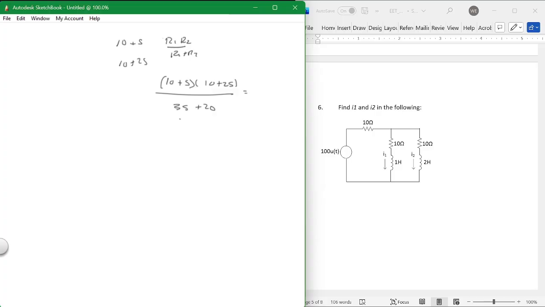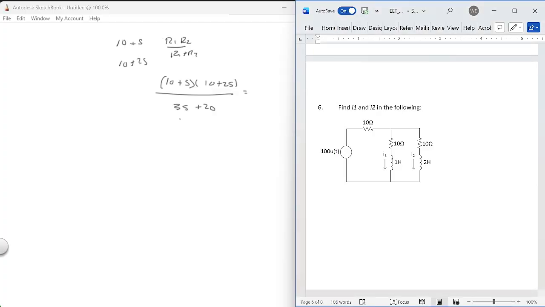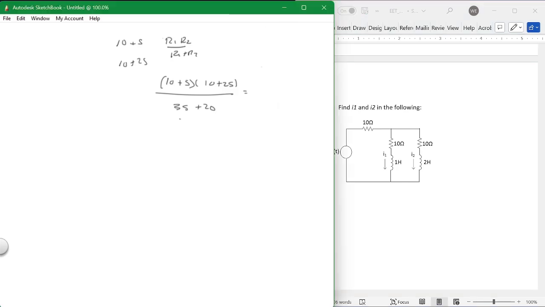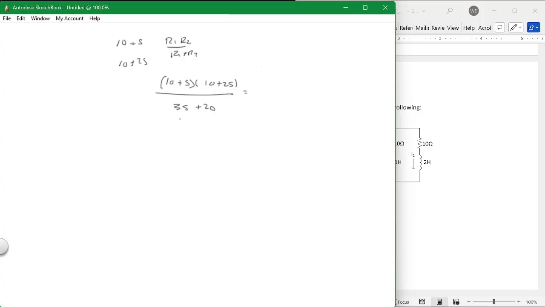So it's 2S squared plus 10S plus 20S plus 100. 10 times 2S is 20S, 10 times S is 10S, so it's 30S. That whole thing over 3S plus 20. Now, you can't cancel yet, but let's see what you've got to do.